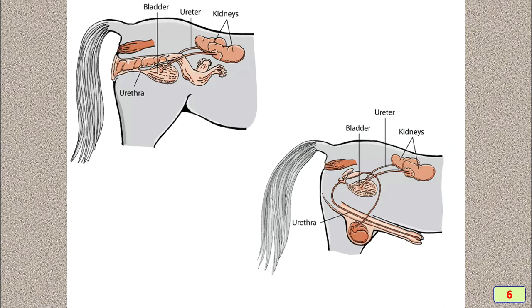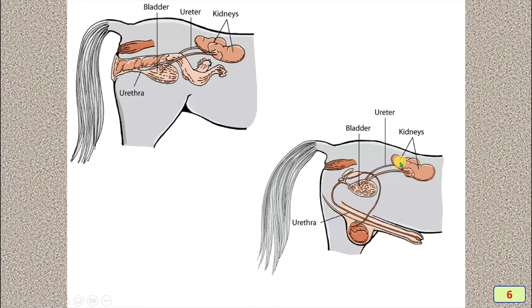This is the structure of the kidneys, both left and right, which are connected with the urinary bladder by the ureter. The bladder is located below the uterus of a mare, and the urethra is the external opening.